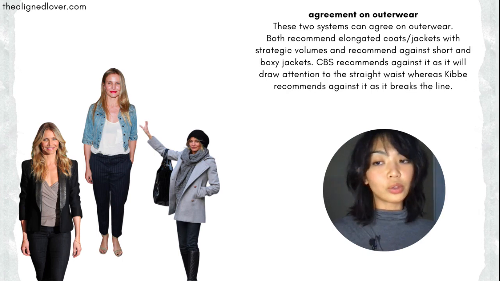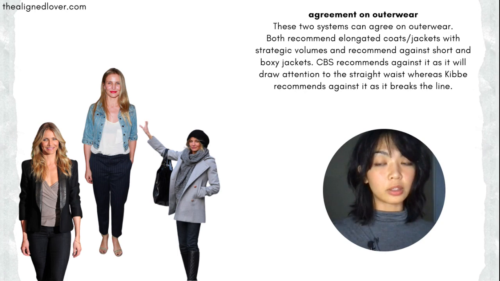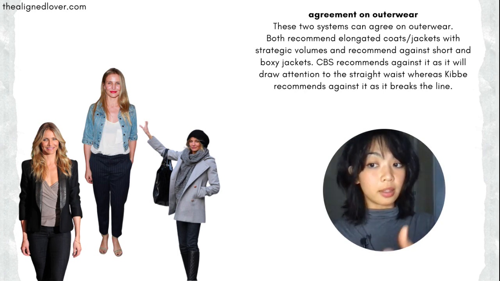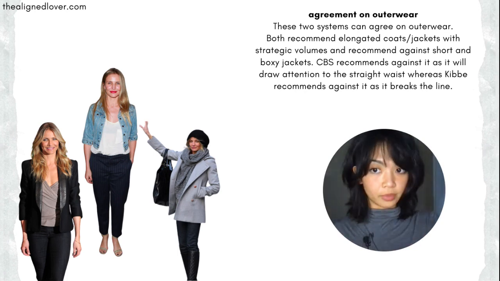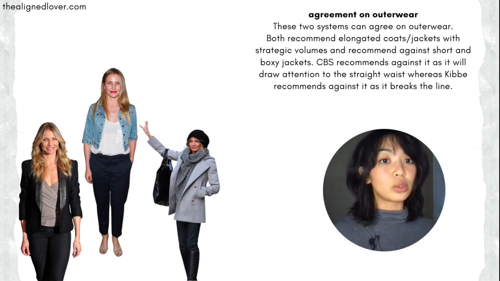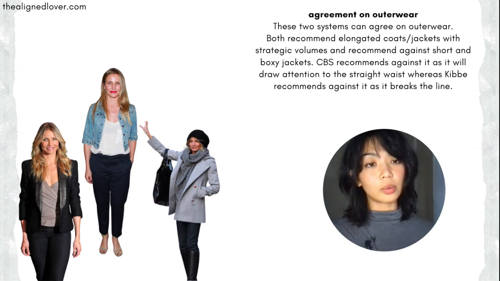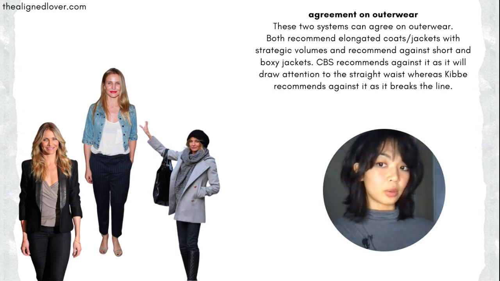And the strong overlap between Kibbe and conventional body shape theory in terms of dressing this kind of body type, which is the rectangle or the flamboyant natural, is to use elongated coats and jackets with strategic volumes.